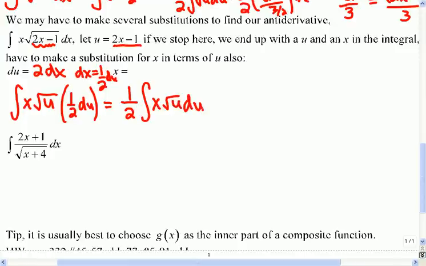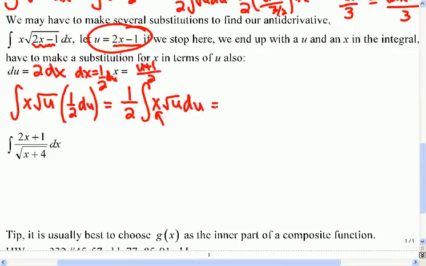And as simple as it might look, you should probably all be saying, well, that didn't help if you have two variables still, right? But this variable that I'd like to get rid of, x, I can get rid of it because I have this relationship up here between u and x. So what would x be equal to if I solved? It would be equal to u plus 1 over 2.